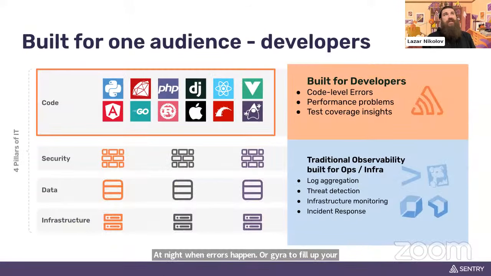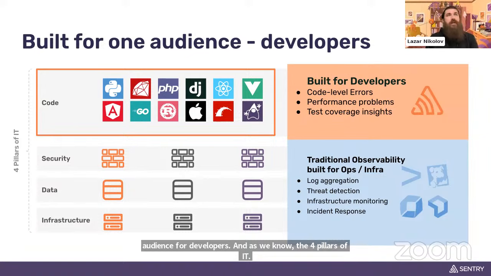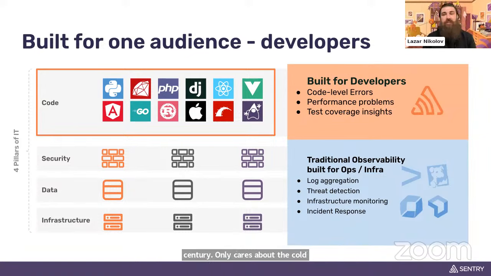I mentioned that it's built for one audience, for developers. And as we know, the 4 pillars of IT are infrastructure, data, security, and code. And Sentry only cares about the code layer of the 4 pillars of IT. So we only care about code level errors. We listen and react to performance problems.